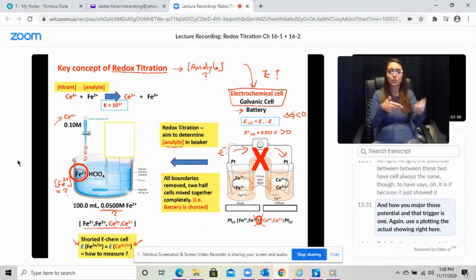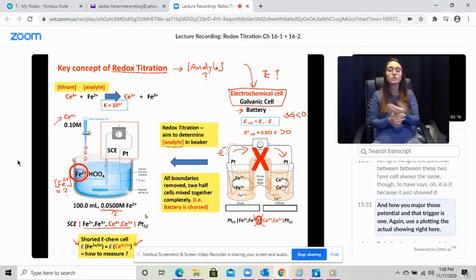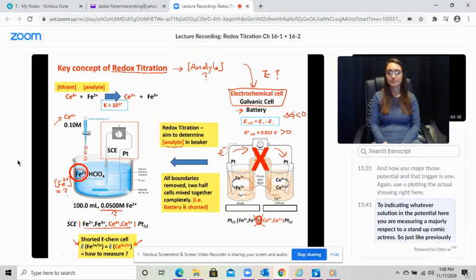And how do you measure that potential? The trick here is to use a platinum electrode, shown right here, to indicate the potential of whatever solution you are measuring, measured with respect to a standard calomel electrode.